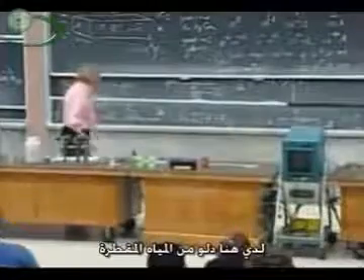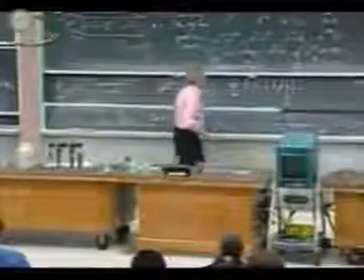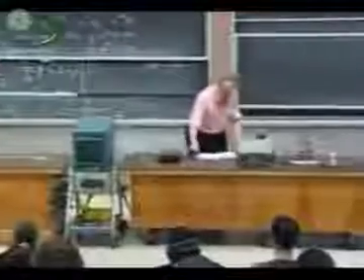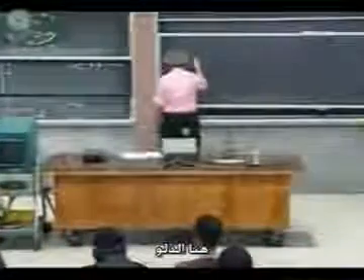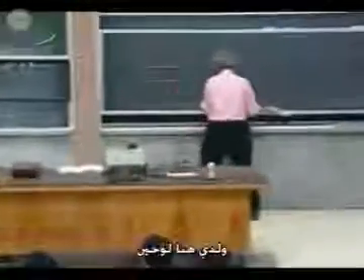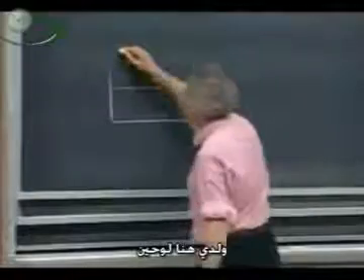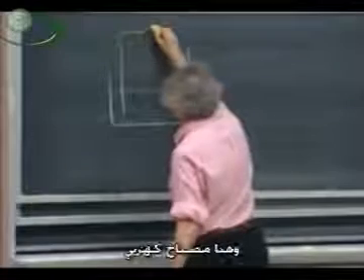I have here a bucket of distilled water. I'll make a drawing for you on the blackboard there. So here is a bucket of distilled water. And in there is a copper plate, another copper plate, and here is a light bulb.